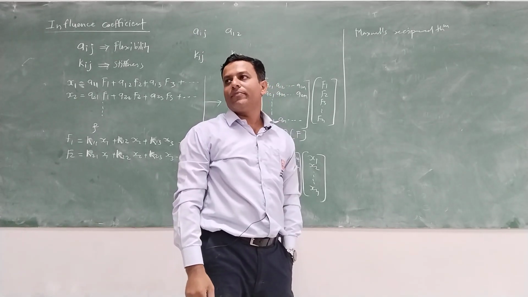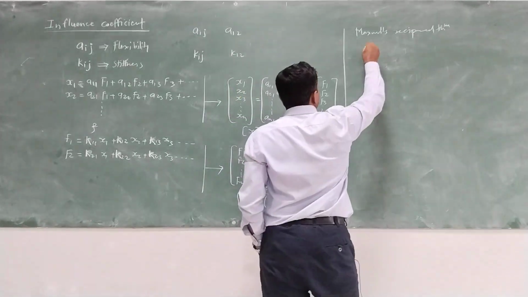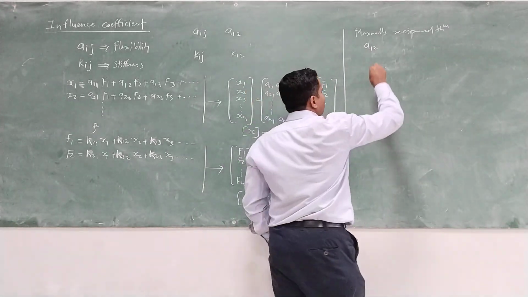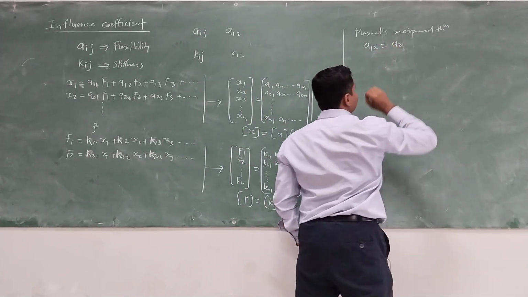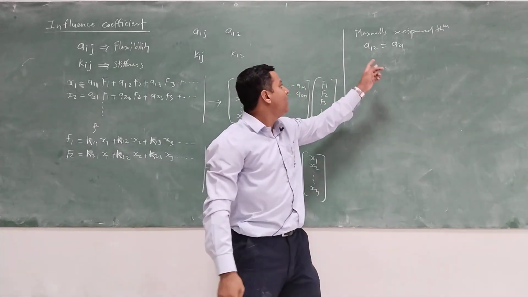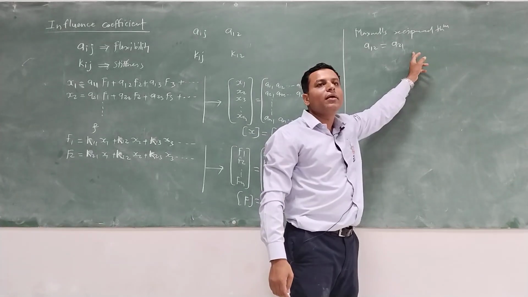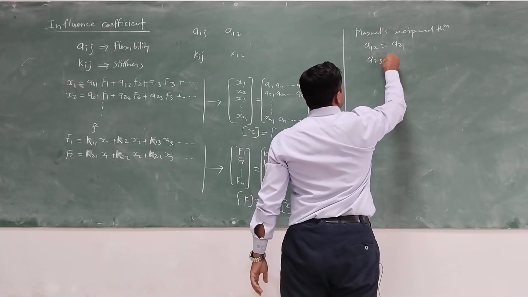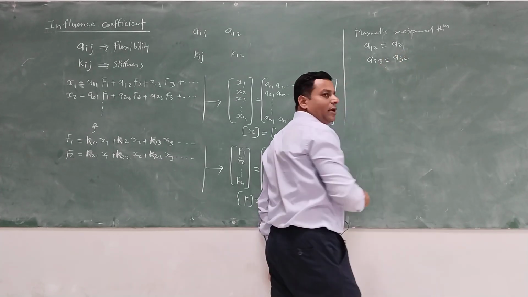Maxwell's reciprocal theorem. What is this theorem? If I have the value of A12, then if I take the reciprocal, the influence coefficient is the same. So A12 will be equal to A21. Similarly, A23 is equal to A32.